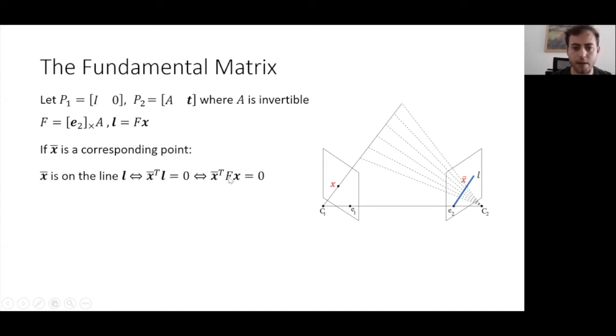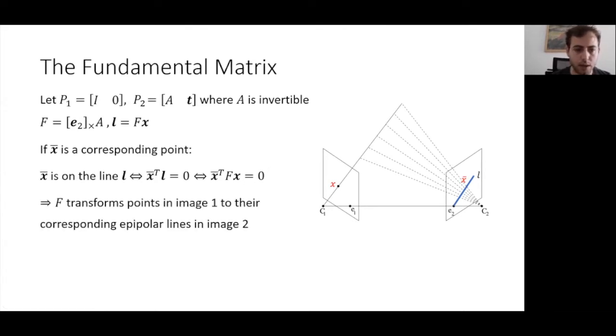And if we assign L equals Fx, we get x bar transpose Fx equals 0. And it follows that F transforms points from image 1 to their corresponding epipolar lines in image 2.